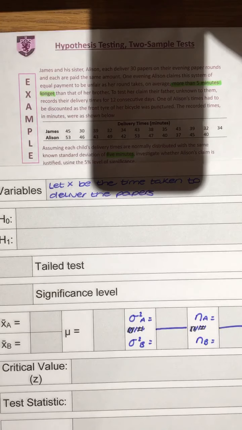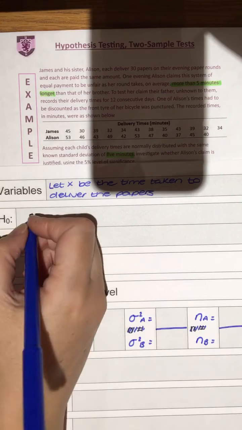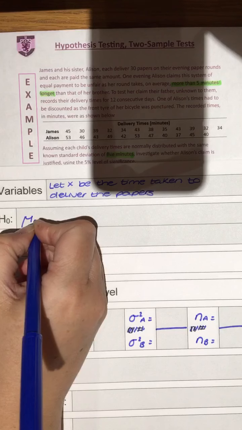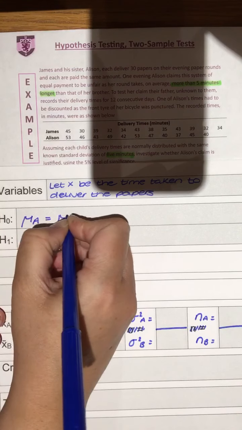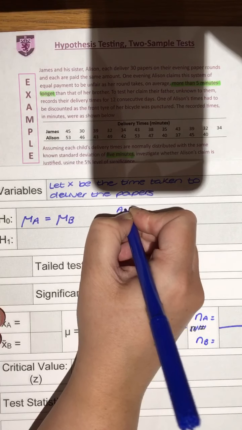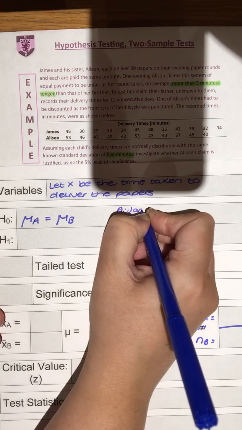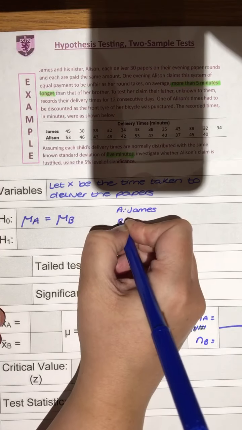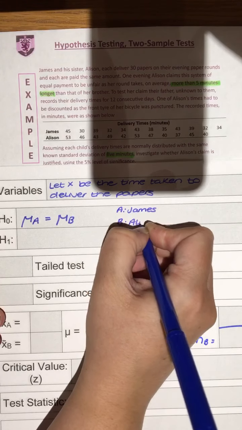So this is where it gets a little bit different. We've said previously that mu A equals mu B, and for clarification for the examiner I want to tell them that A, I'm going to confuse myself now, is James because he's first, and B is Alison.